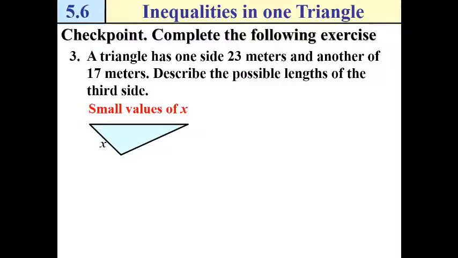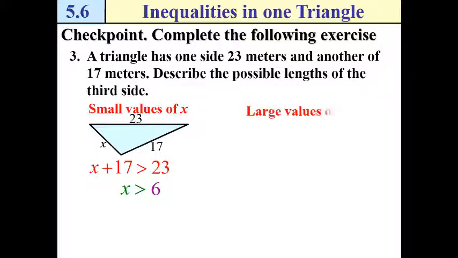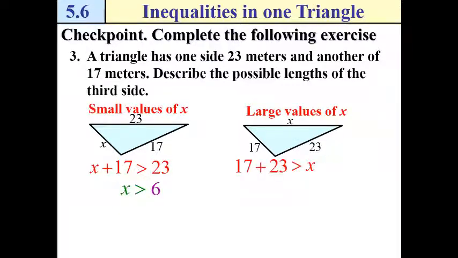Here, using the same idea to find the smallest value of x, we add x plus 17, which must be more than the third side 23, and find their difference, which is 6. And to find the largest value of x, we add the given two sides, 17 plus 23, then x is less than their sum.